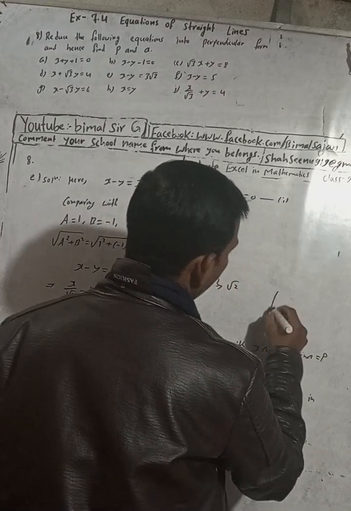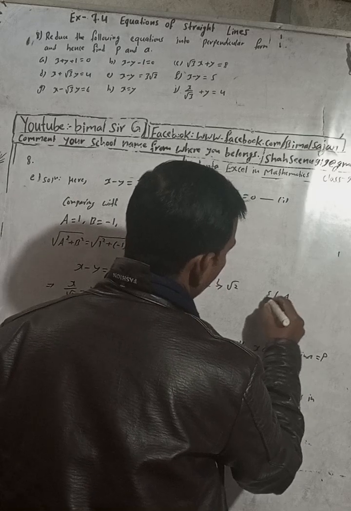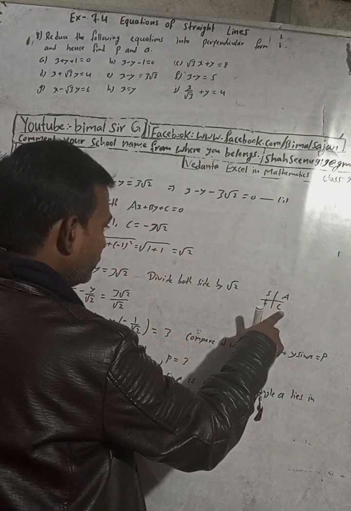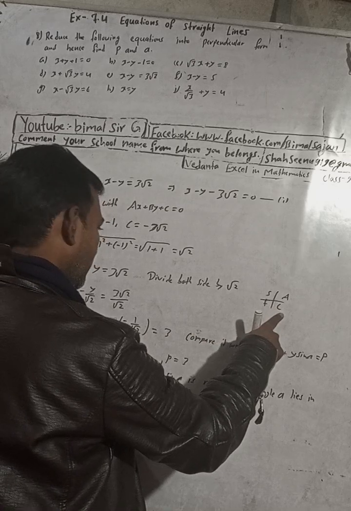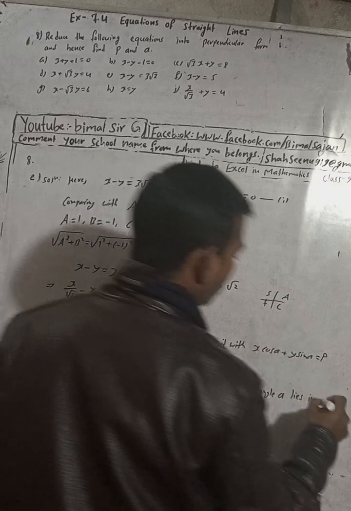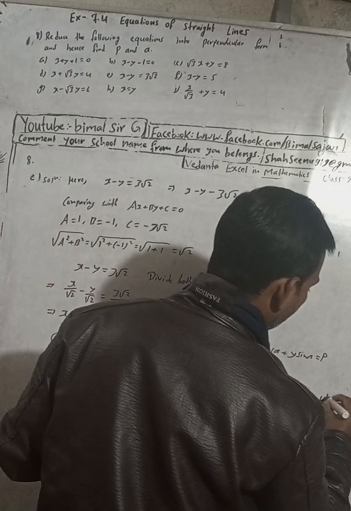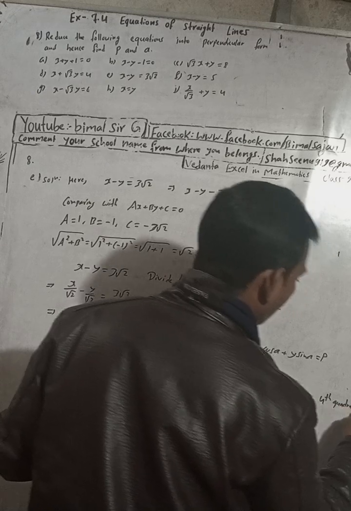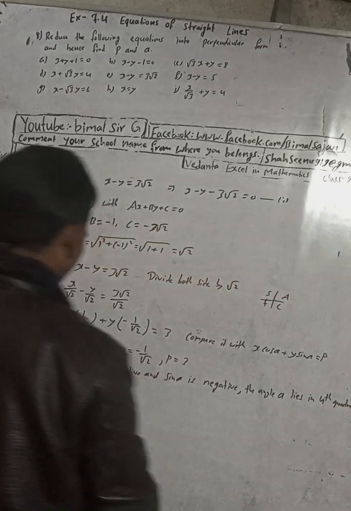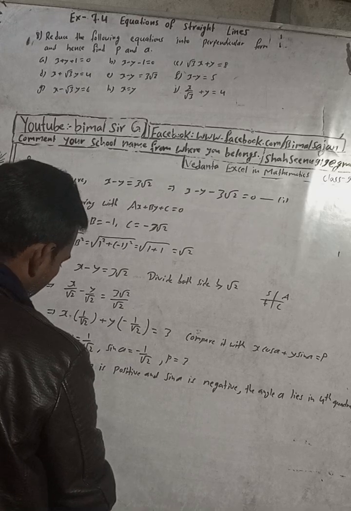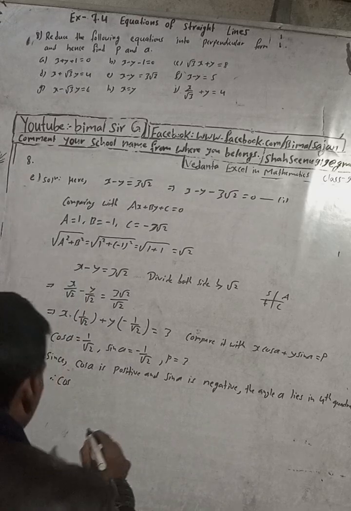CAST. Cos is positive and sin is negative in the fourth quadrant. So alpha lies in the fourth quadrant.